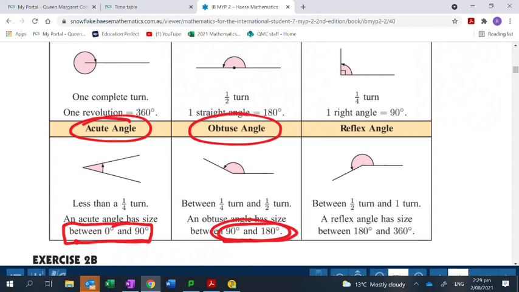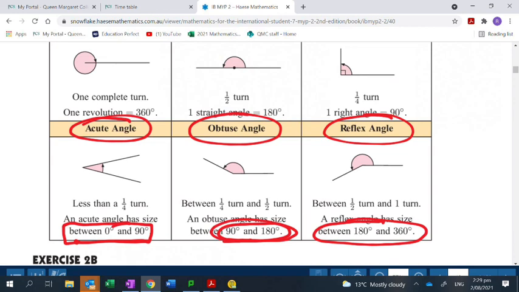Like an oblong is a stretching of a circle. That kind of idea. So you have a cute little angle, which is less than what? 90. Obtuse is more than 90, but less than 180. Good. And then anything bigger than a straight angle, 180, and up to 360, is the definition of a what? Reflex angle. There you go.